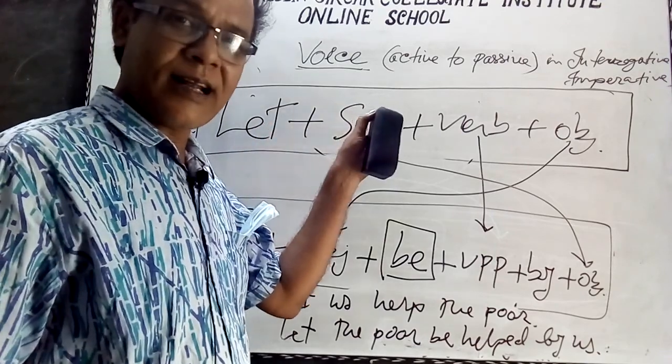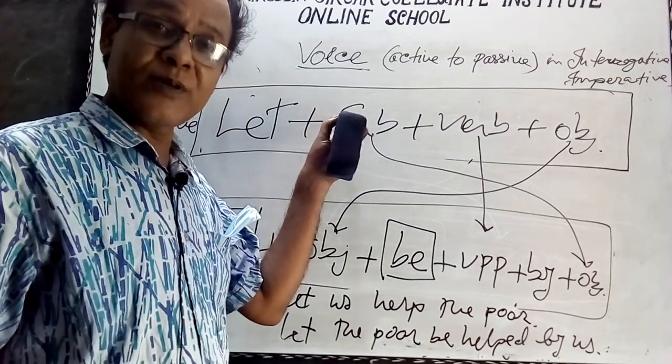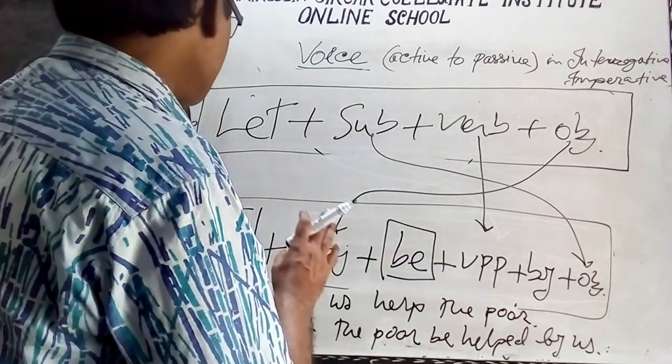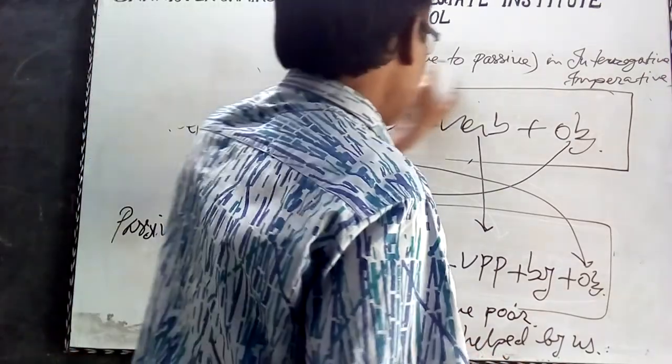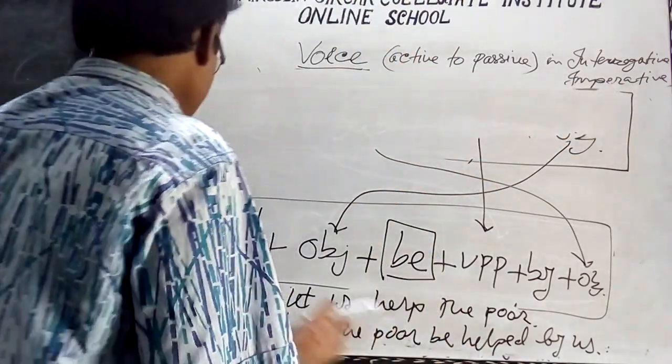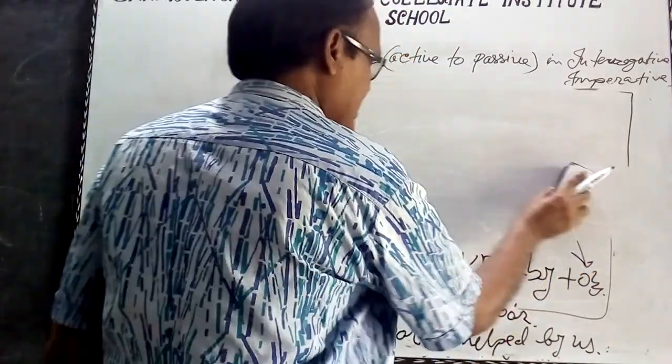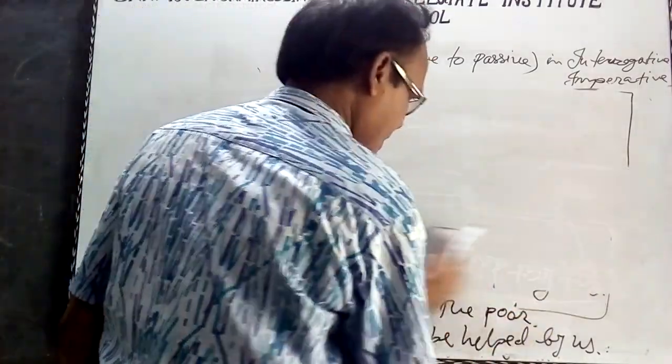And another structure, if the sentence begins with a verb. So this is the structure of active to passive in the imperative. I repeat what we have discussed.